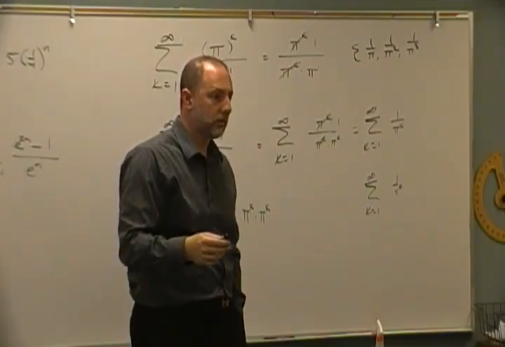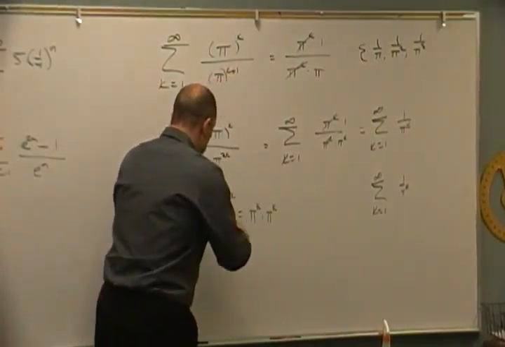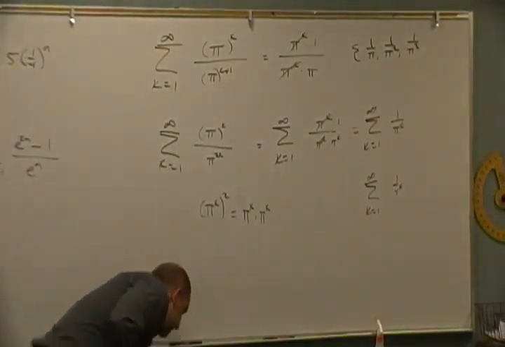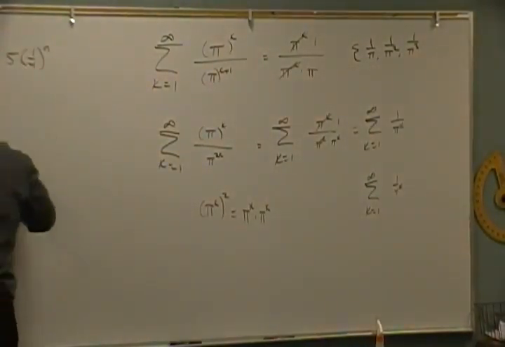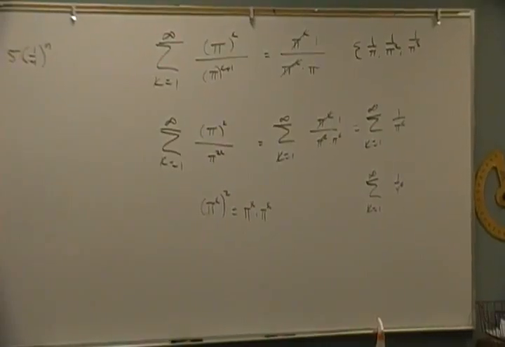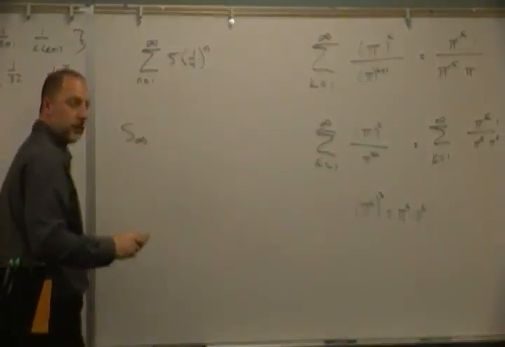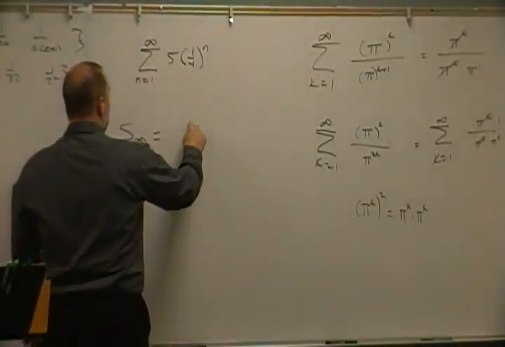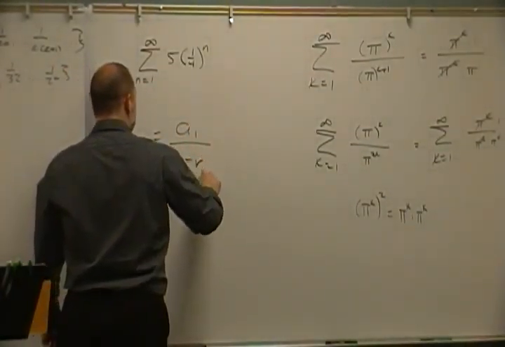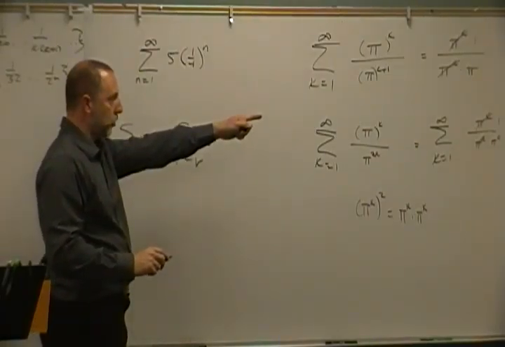So the common ratio is 1 over pi, so let's figure this out. We have a formula for a geometric sequence. What's the formula? It's a sub 1 over 1 minus r. So let's put 1 over pi in.